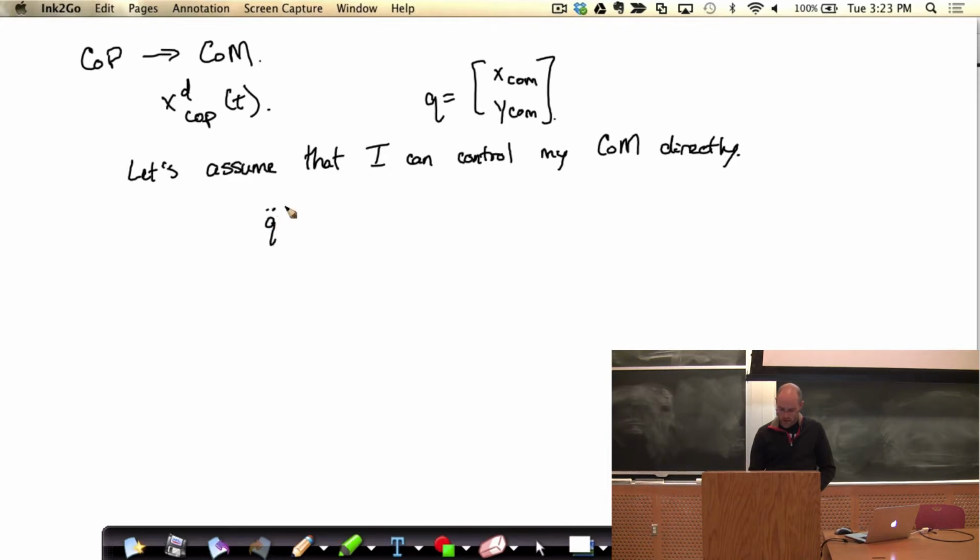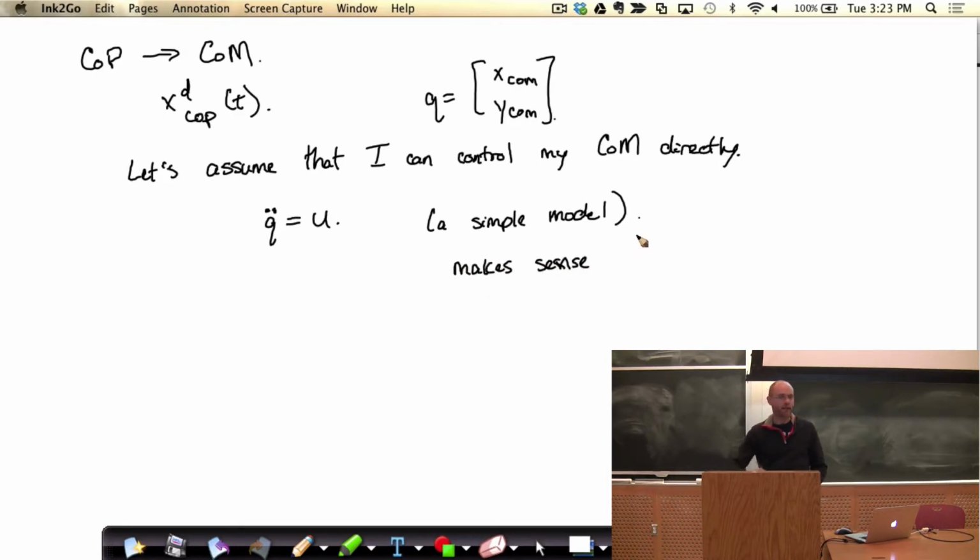Let's assume that I have the ability to move my center of mass around. Okay? So this is now a simple model, which makes sense if I have a big complicated robot like Atlas or Asimo or Hubo or HRP2 or whatever, but it doesn't make as much sense for a compass gait.